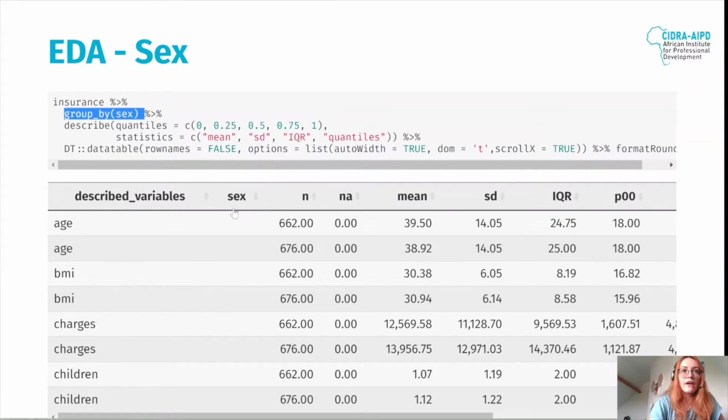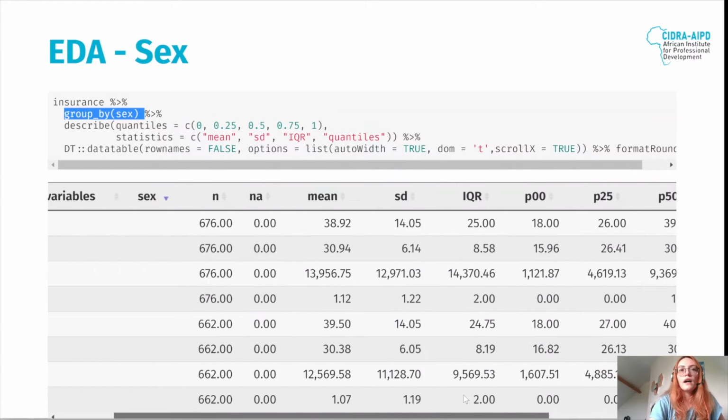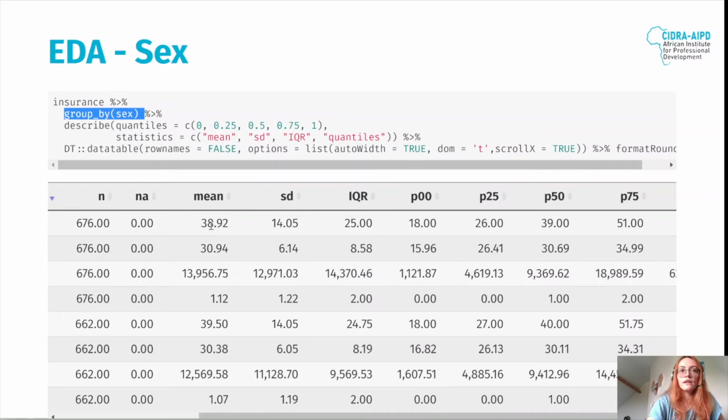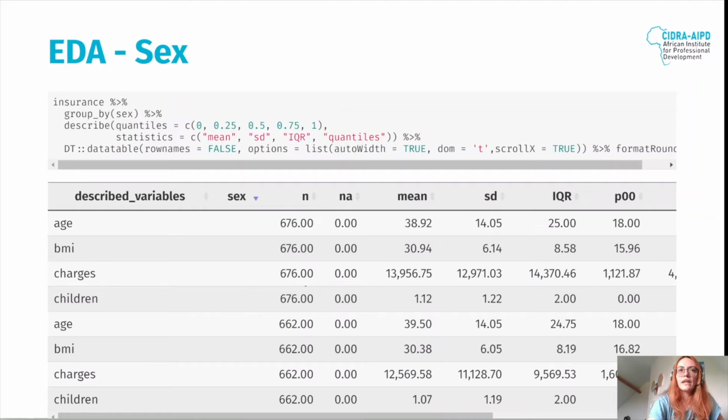And then we have here the age, children, all of that per sex. We can see that we don't have missing values. We can see the differences per each of the sex classifications. We only have 2, so that's why we have only 2 repetitions for each of the described variables.